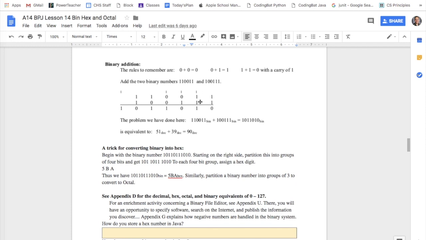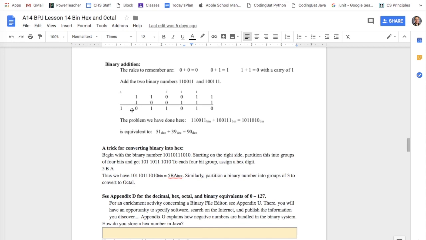Well, 3 is the same as 1, 1 in binary, so you put down the 1 in the 1 spot, and you carry the 1 that was in the 10 spot. 1 plus 0 plus 1 adds up to 2, which is written with the 0, carry the 1. 1 plus 0 is just 1. 1 plus 0 is 1. 1 plus 1 is 0, carry the 1, and then you put the 1 down.